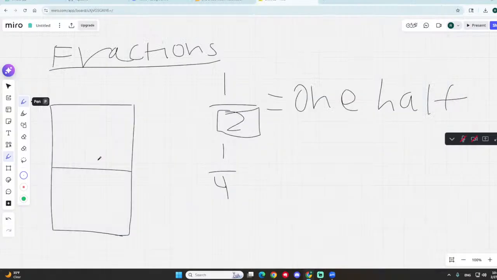Okay, so now we'll go over this. In this case, you would get 1 half because there are 2 equal parts. So that means we have 1 half.